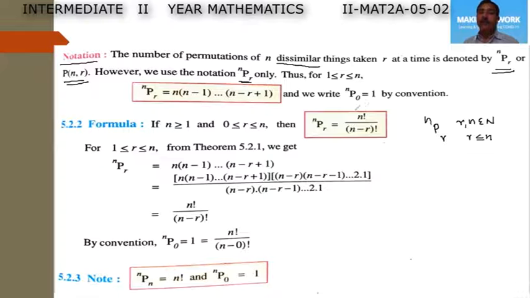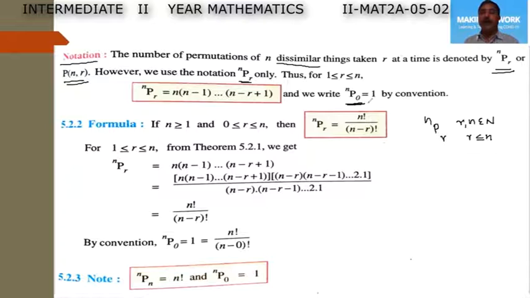So here, for convention, nP0 means the number of permutations that can be made by taking 0 elements, without taking any element. How many permutations can we make without taking any element? That means the given elements in the given order will become one permutation. Therefore, nP0 is considered as 1, but practically we cannot do that.